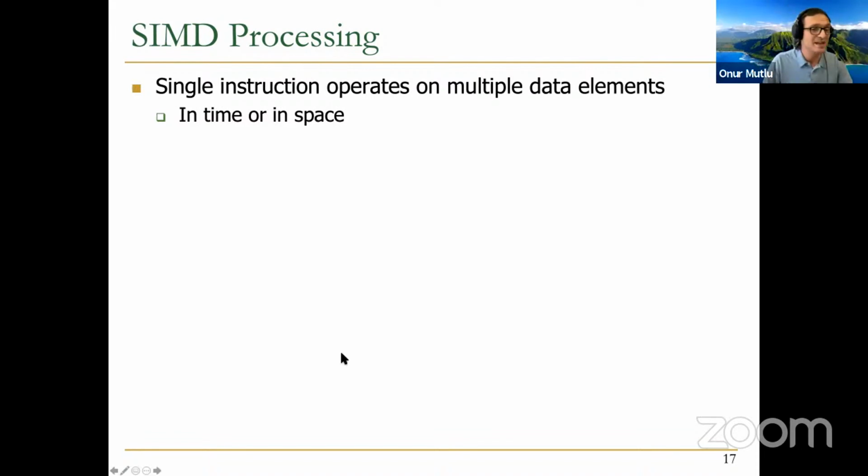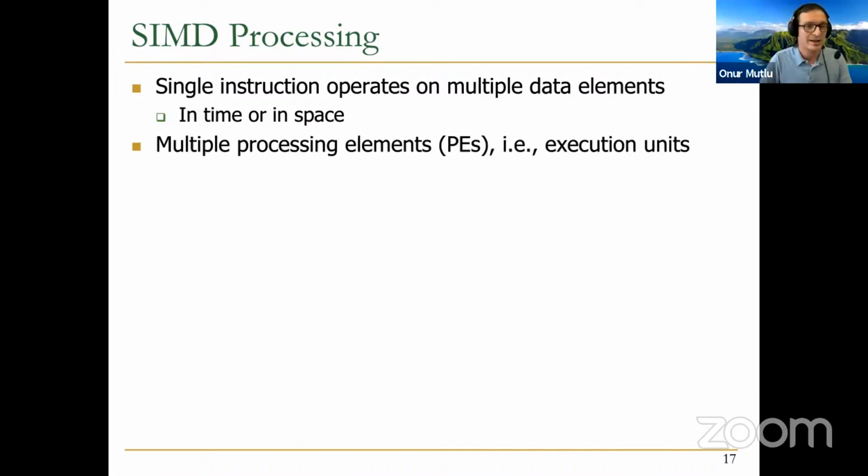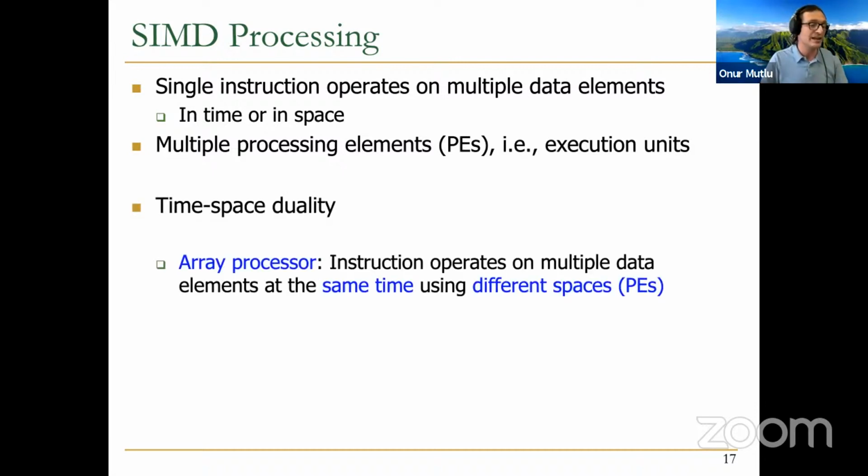So basically, this time-space duality is important because clearly if you do this in space, you can get much higher performance, but then you need a lot of execution units also. Okay, so basically, we'll still have multiple processing elements, execution units, but how we exploit the single instruction multiple data phenomenon in time or space will determine how much cost we will have, how many elements we need. So this duality is expressed as the array versus vector processors, basically.